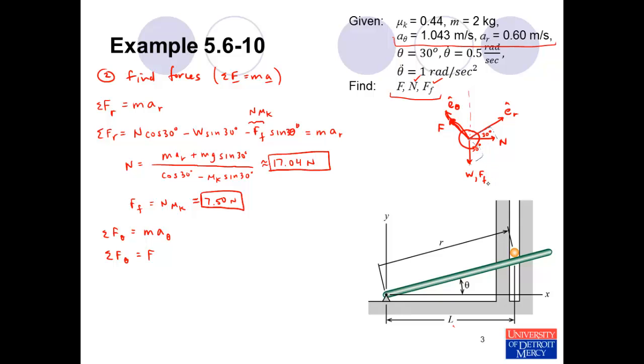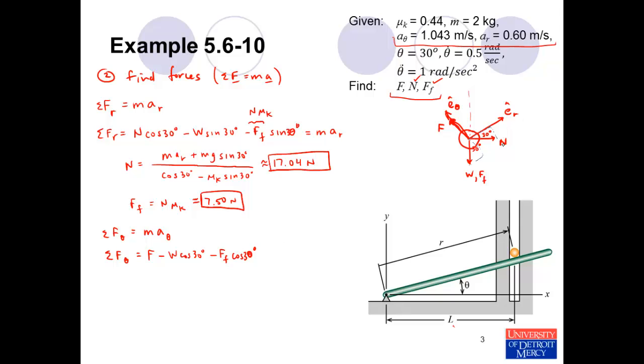The weight and the friction force have components in the negative transverse direction, they're both the side adjacent to the 30 degrees, so we'll use cosine. So minus the weight times cosine 30 minus the friction force cosine 30.